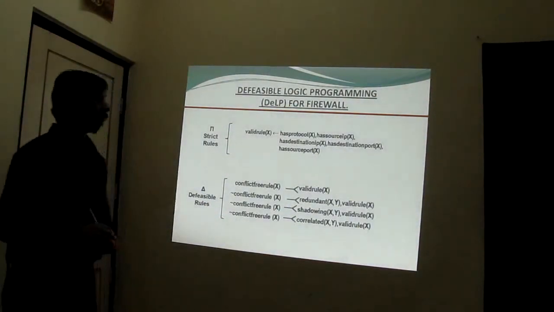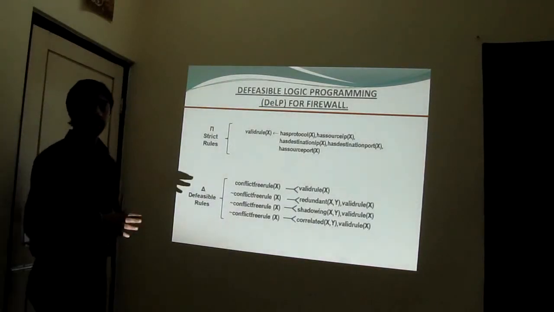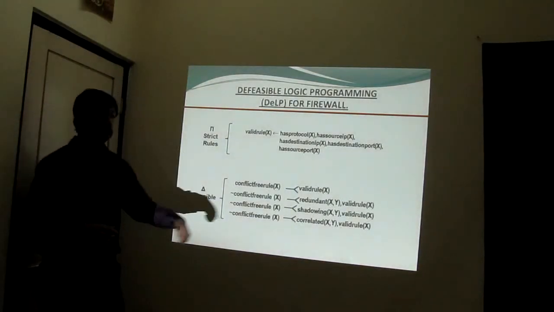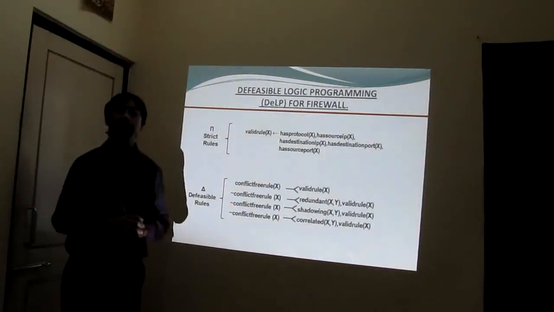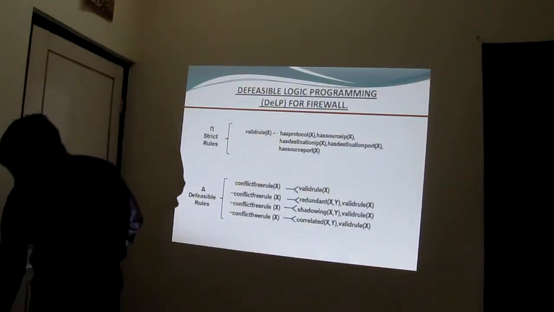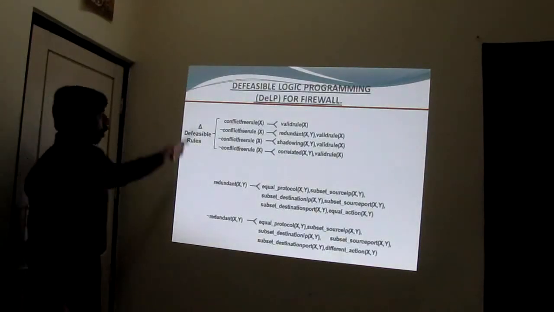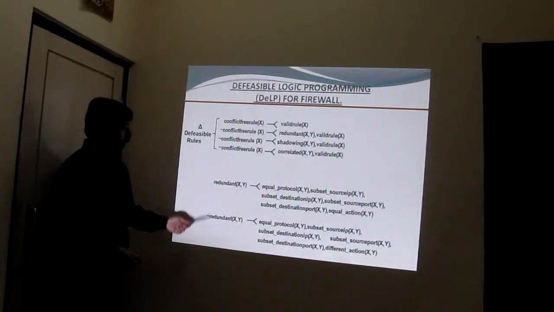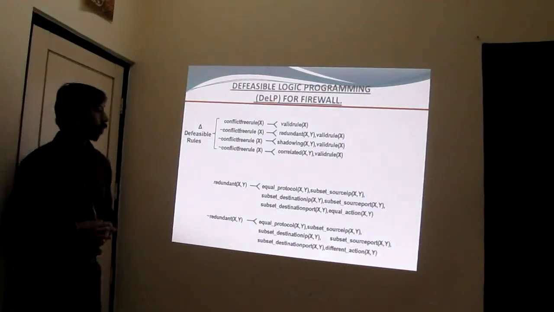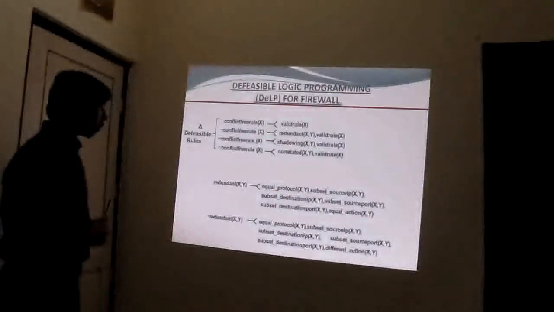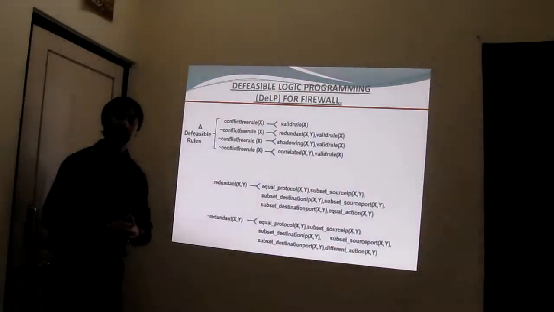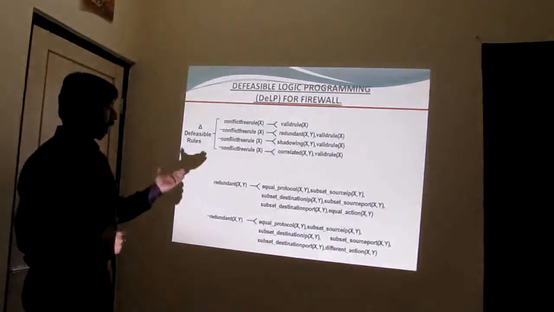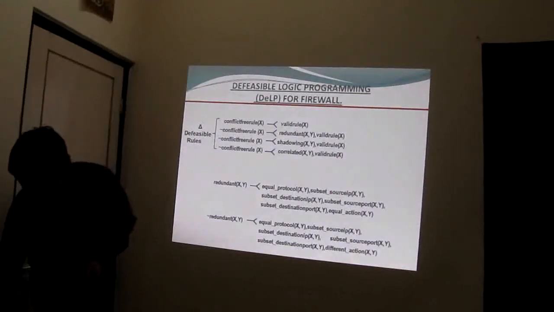If any anomaly occurred with that rule, then we will consider that rule as not conflict-free. And these are the rules which are used to obtain the different anomalies. Here we show one defeasible statement to derive a redundant anomaly.